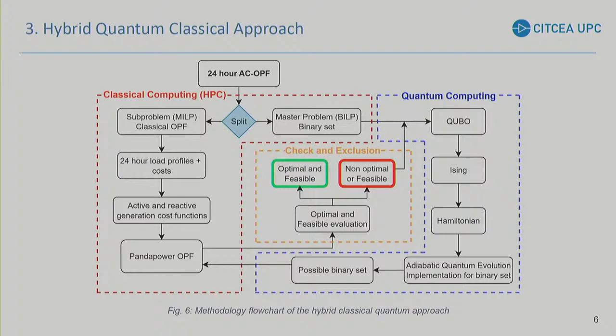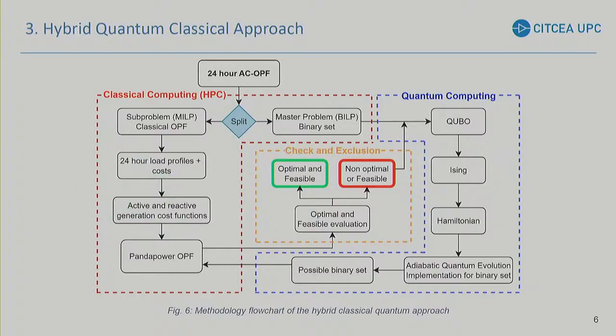The main idea of this study is to find a 24-hour optimal power flow in an AC transmission network. This means the algorithm predicts the operational cost over a range of 24 hours in the future. We split the problem into subproblems: the classical formulation of optimal power flow, with the 24-hour load profiles, generation costs, and the modeling of the network.